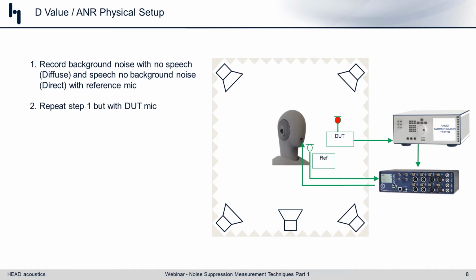Now, let's look at the physical setup for measuring these two parameters. The first thing we do is record some background noise with no speech. That's what we call the diffuse frequency response. Then we measure the speech, but with no background noise playing, and we're doing that using a reference microphone.